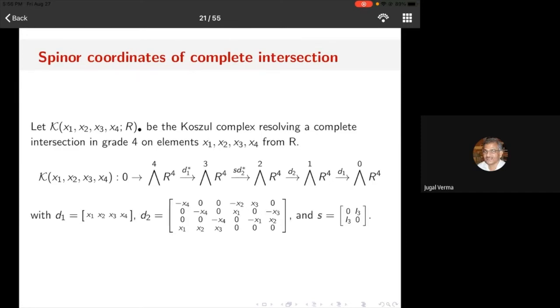Note that this symmetric bilinear map is simply the exterior product in the case of the Koszul complex. We can write the columns as 1, 2, 3, and minus 3, minus 2, and minus 1, and we take the indexing set accordingly.